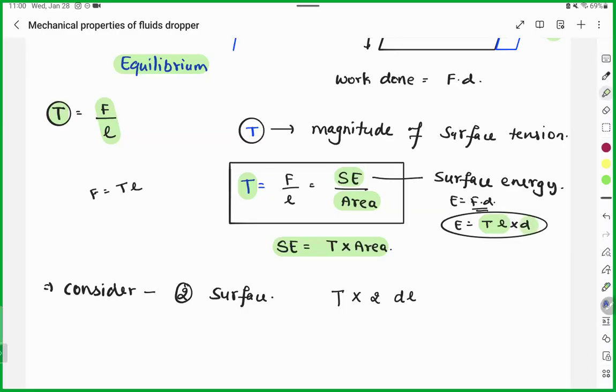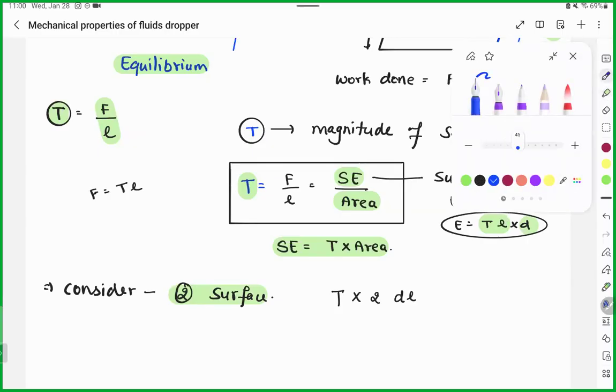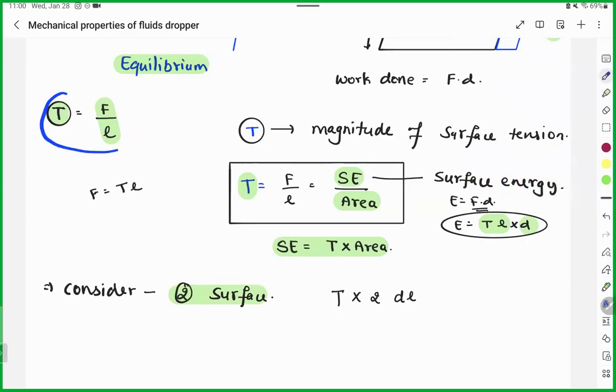But when you are expanding, you will consider two surfaces. That is extremely important for your calculation part, because you will miss this. Trust me, you will never face an issue in the formula of surface tension. Because surface tension is the force acting per unit length. Surface energy is the same, force into displacement, so it will be equal to surface tension into area.